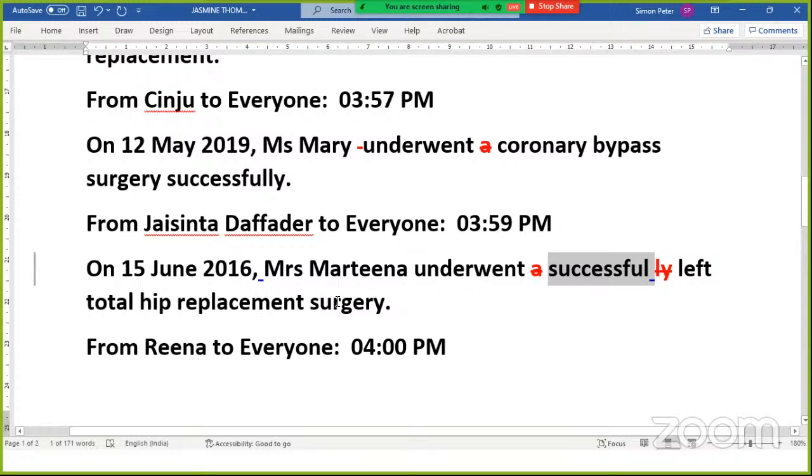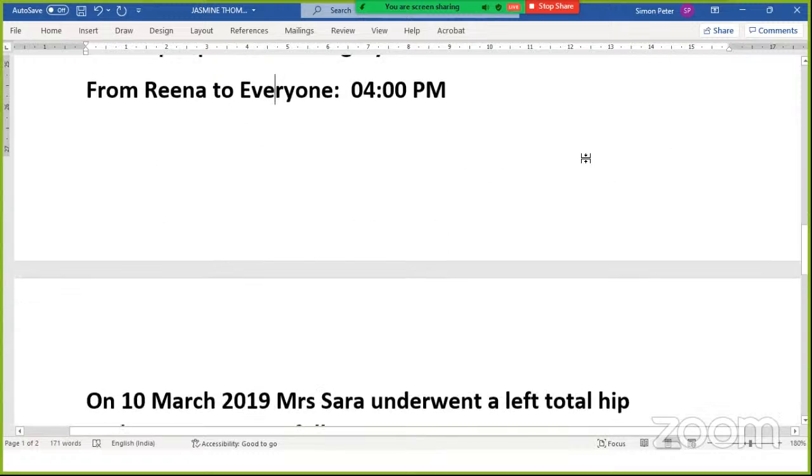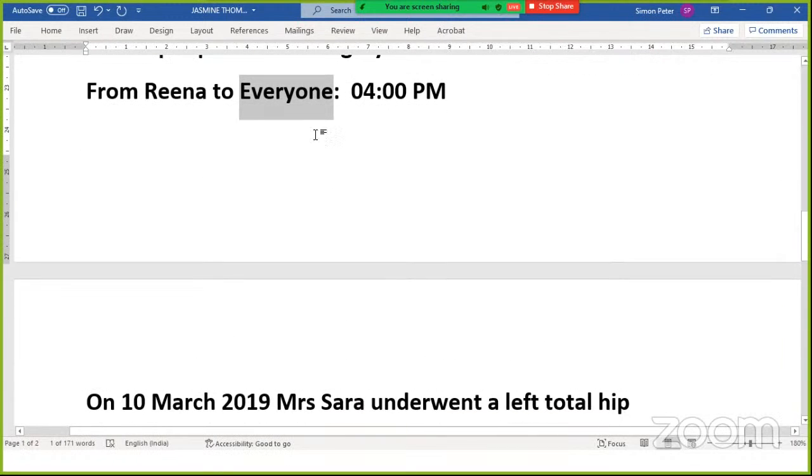Is that clear? Yes, sir. So before surgery, if you write, you have to write successful surgery. After surgery, if you write, it should be surgery successfully. Fine. Then next one. So you had two mistakes. Yes, sir. And this is Reena.